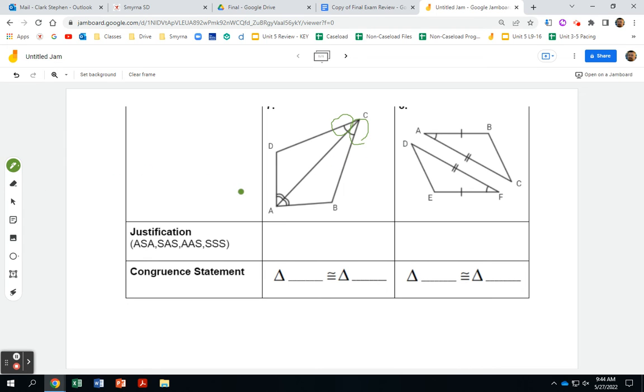And then down here, this angle is the same measurement as this angle, right? Because they have the 2 slashes. Now, they share this side, so those sides are going to be equal because it's the same side. So our justification: we have a pair of angles, a pair of sides, and a pair of angles, right? Angle, side, angle. That's it. ASA.